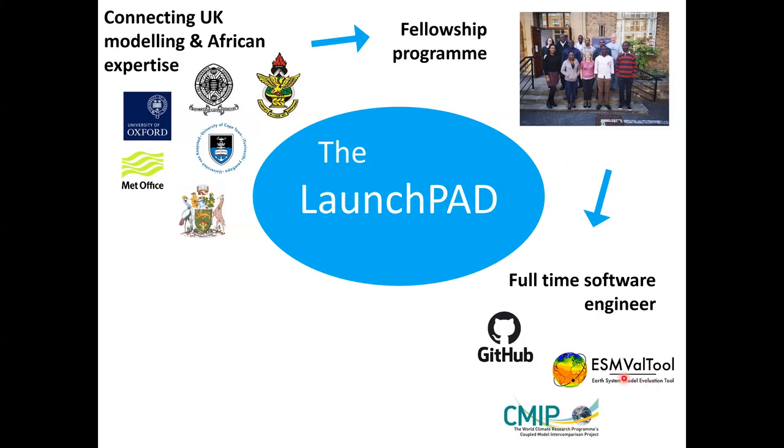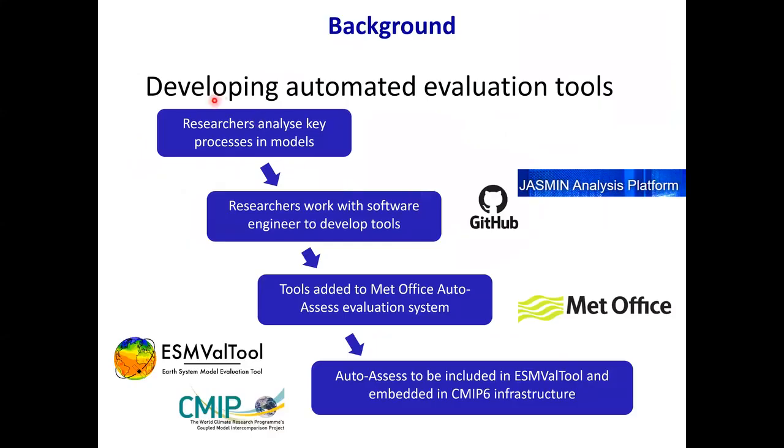So the whole structure of the project was that we would develop automated evaluation tools for climate models, where researchers analyze key processes in models, and then researchers work with software engineers to develop tools.